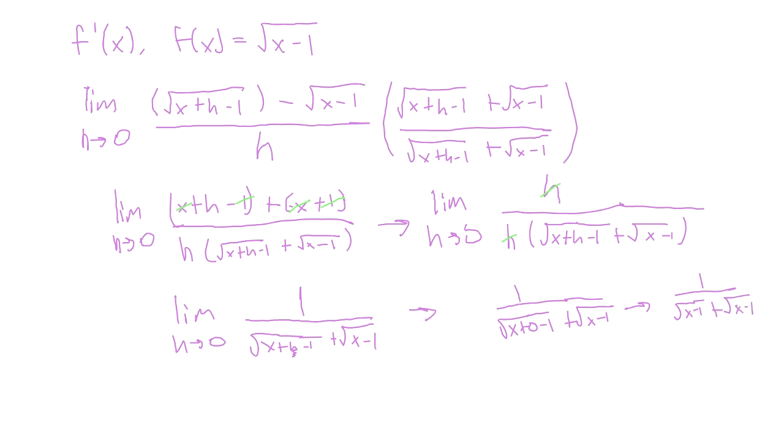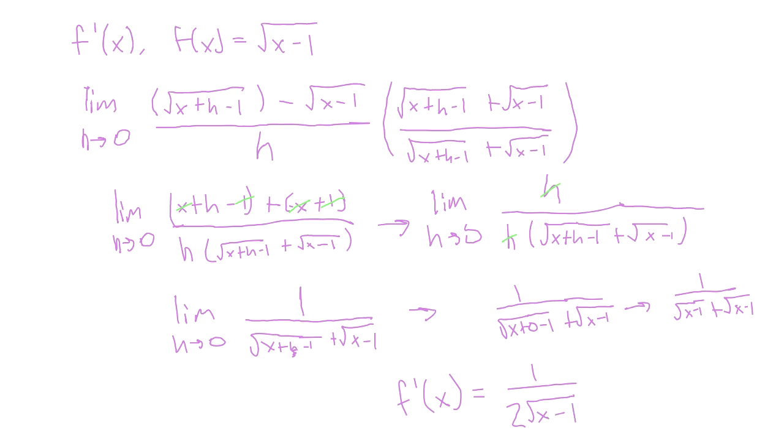We can simplify that a little bit further, leaving us with our final derivative of the function as 1 over 2 times the square root of x minus 1.